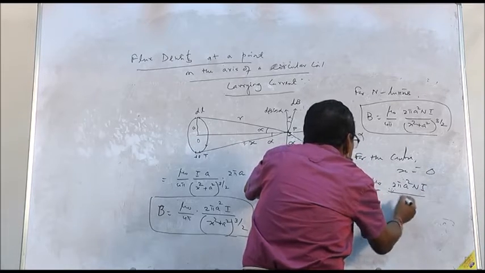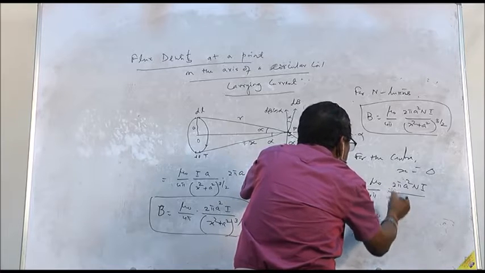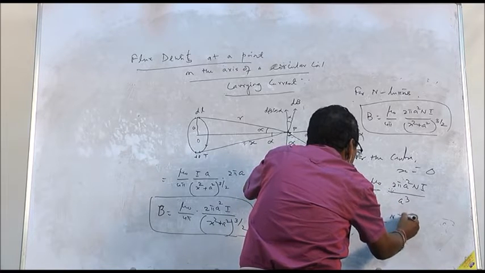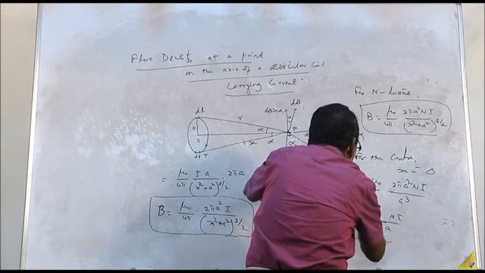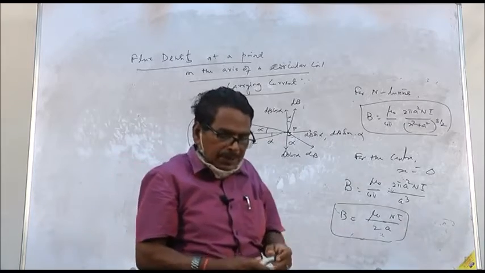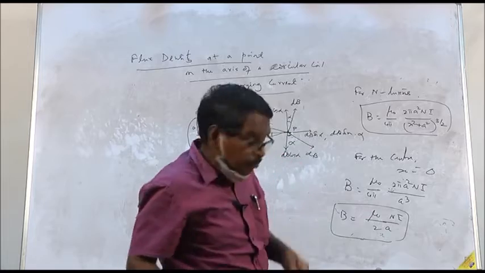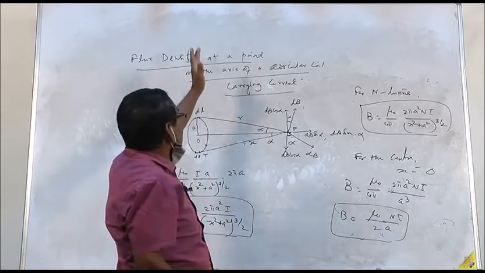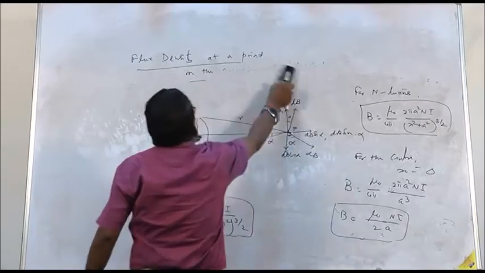A cube, that is equal to mu 0 by 2 n I by a, as we have already found out in case of a circular coil. Same formula we are getting now. So, these are all three applications of Biot-Savart's law. If you are getting a long question from this chapter, it is very important and you can very well answer the questions.